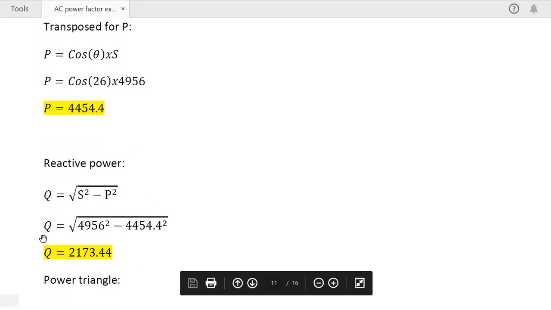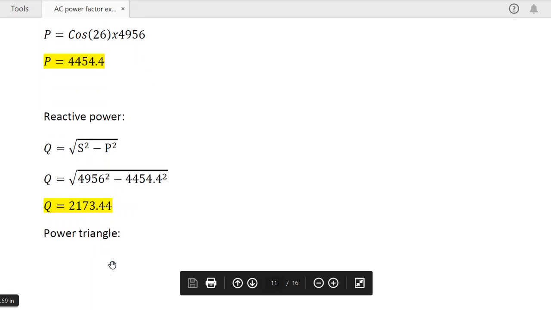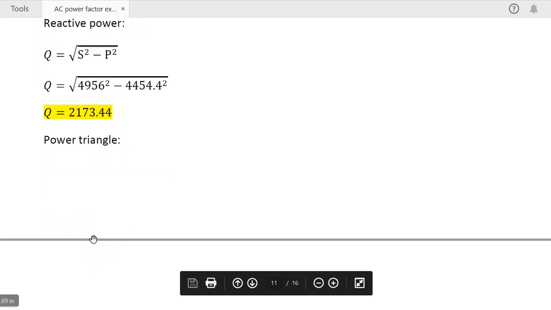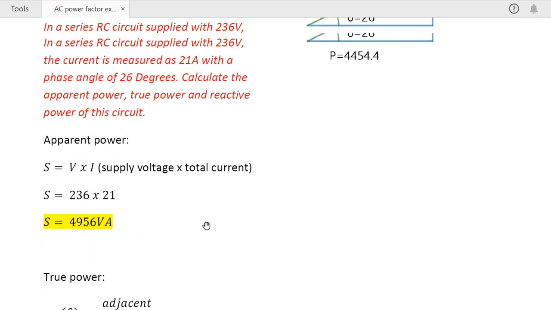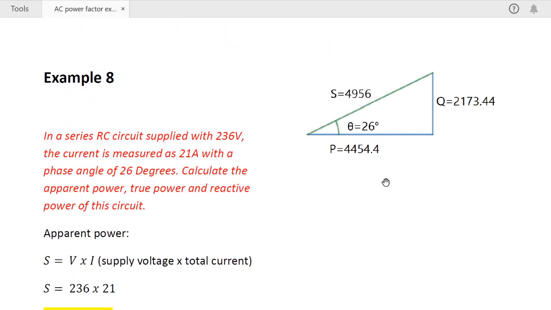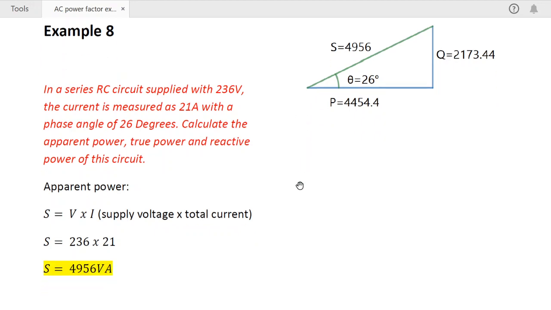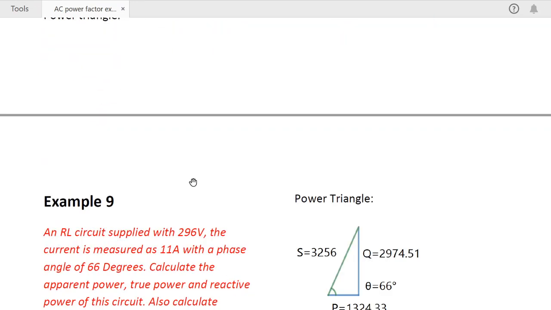Reactive power, we now have two sides of the triangle, so we use Pythagoras to work out the third, and it is 2,173.44 VAR. And our power triangle looks like this. Note again that this is to scale, and your power triangles will also need to be to scale, please.